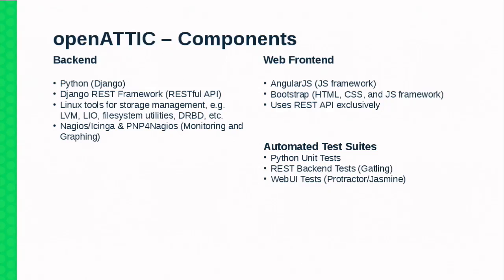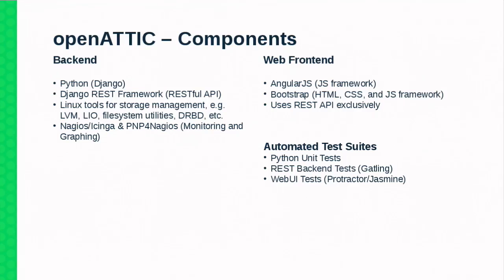For example, the Django REST framework automatically gives us the RESTful API that we have on top. It also means that the code base we are based on is, even though it may sound boring, pretty mature and well developed, and it's not bleeding edge stuff, which of course is important if you as a user want to put this software in your environment.